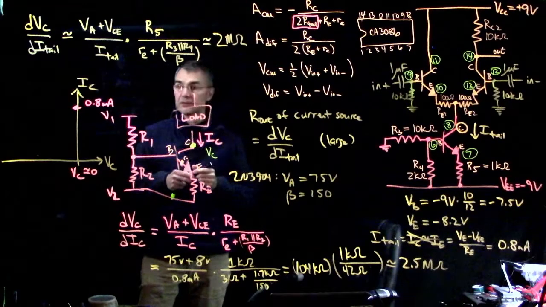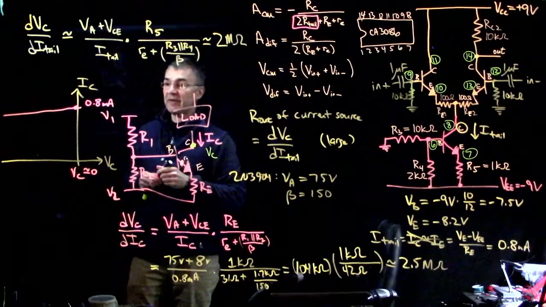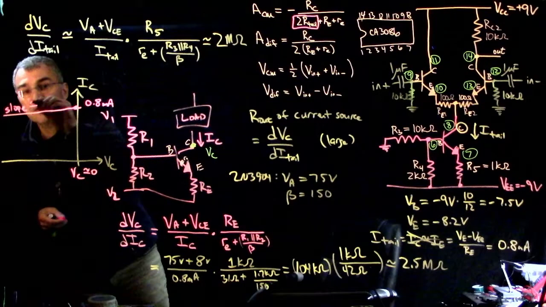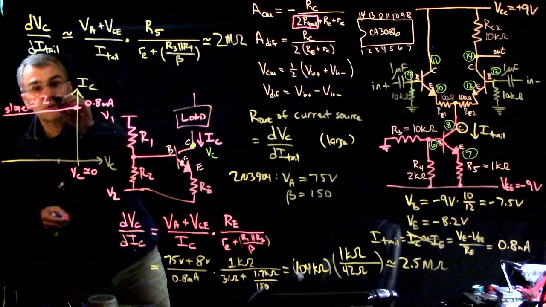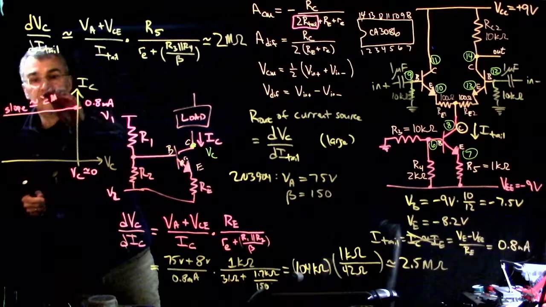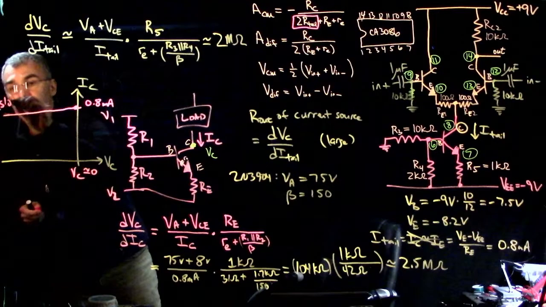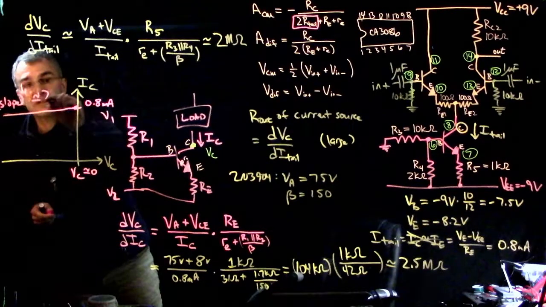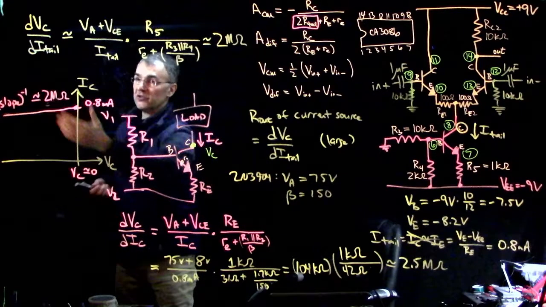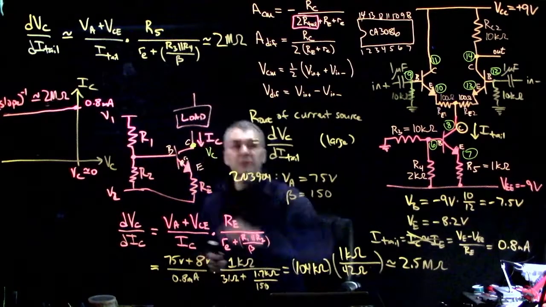So I think it has a slope that's a little bit like this. An ideal current source would have absolutely 0 slope. So the reciprocal of this slope is something like 2 mega ohms. So you want the reciprocal of this slope to be a small number, so you want this number to be a big number.